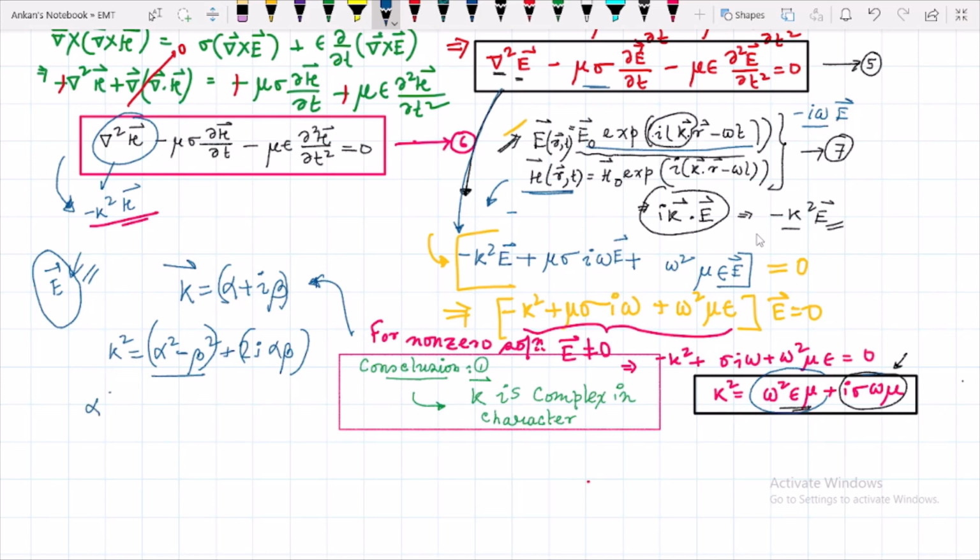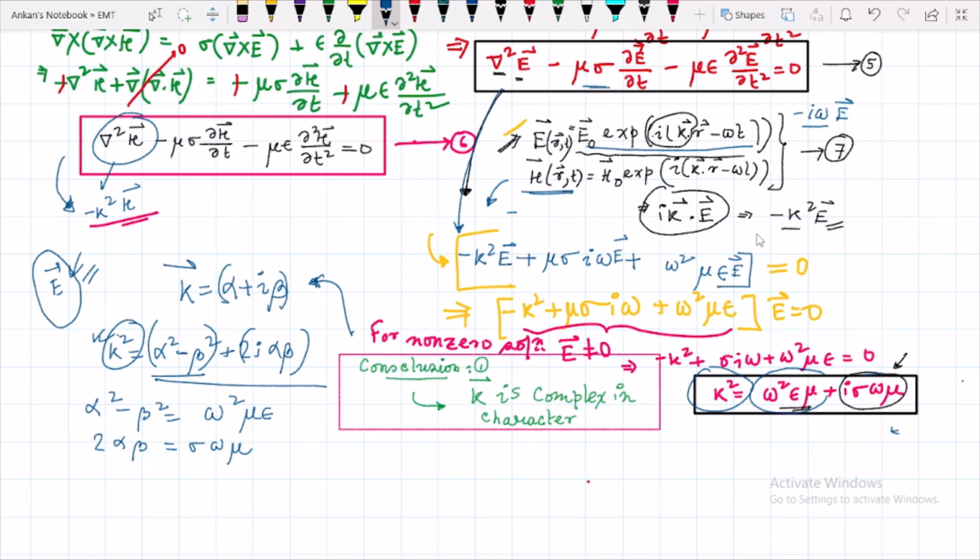By comparing this with this term, we can compare omega square epsilon mu to be alpha square minus beta square, which is nothing but omega square mu epsilon, and 2 alpha beta is nothing but sigma omega mu. I have compared the left hand side and the right hand side equations because all these involve k square only.